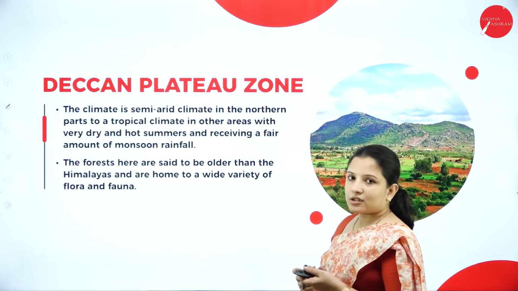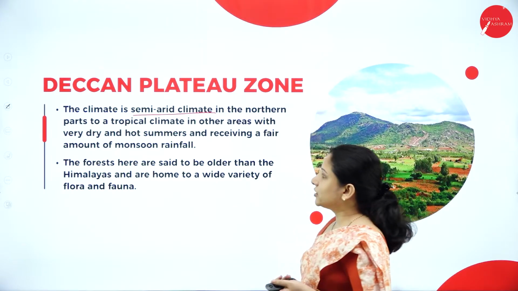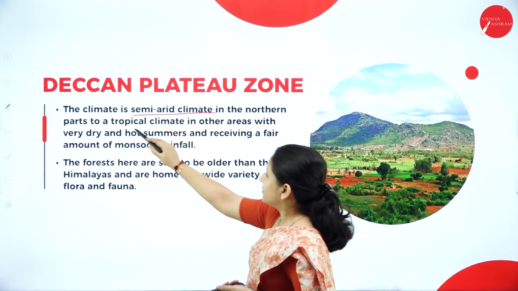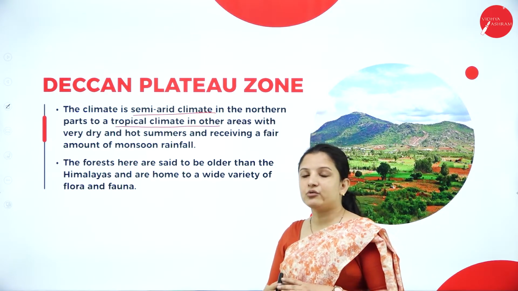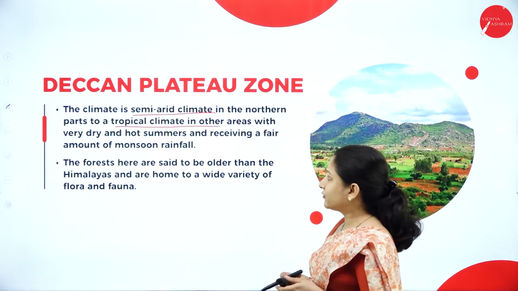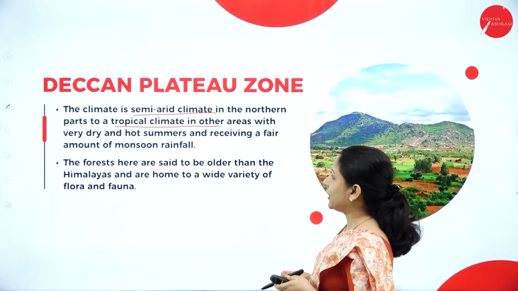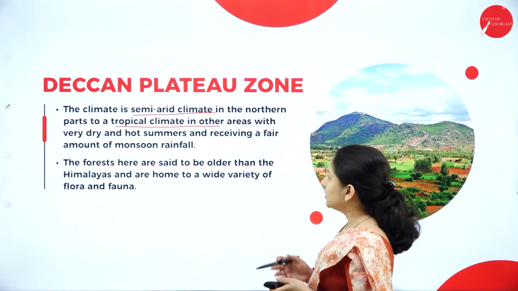So, talking about the climate. The climate ranges from semi-arid in the northern parts to tropical in other areas. So, northern parts of the Deccan Plateau have a semi-arid kind of climate, whereas the other areas usually have a tropical climate. Tropical climate means it harbors a variety of flora and fauna.